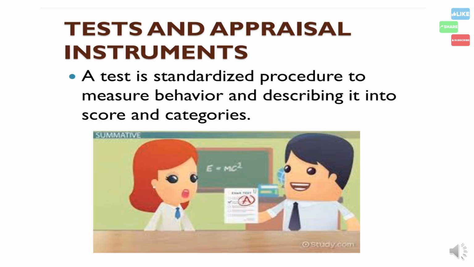We have the test and appraisal instrument. In this, a test is a standardized procedure to measure behavior and describe it in scores and categories. So with these instruments, you can easily measure behavior and describe the score and the categories.